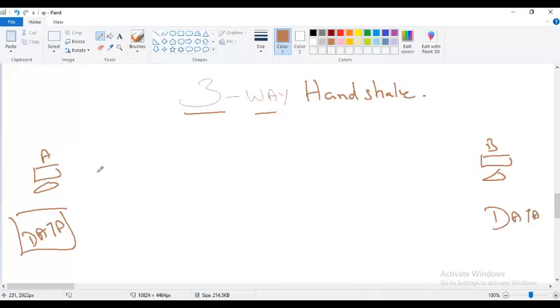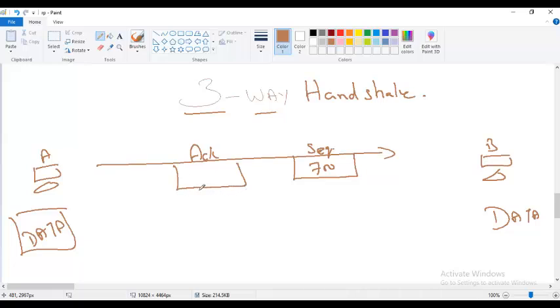It says, I am sending you a sequence number 700 packet with acknowledgement, nothing in it. What is acknowledgement? If you would have received something earlier, you would have acknowledged. But A is the first talker, so acknowledgement will be nil.